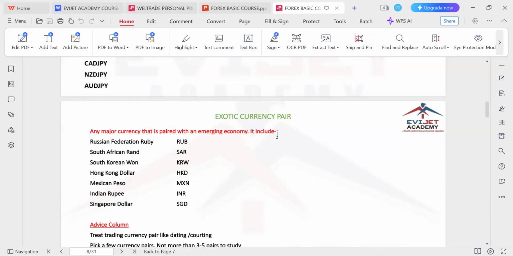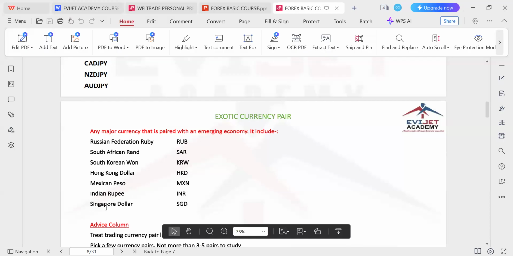The emerging economies are the ones like the Nigerian Naira, the Russian Federation Ruble, the South African Rand, the South Korean Won, then the Hong Kong dollar, Mexican Peso, Indian Rupee, and the Singapore dollar.